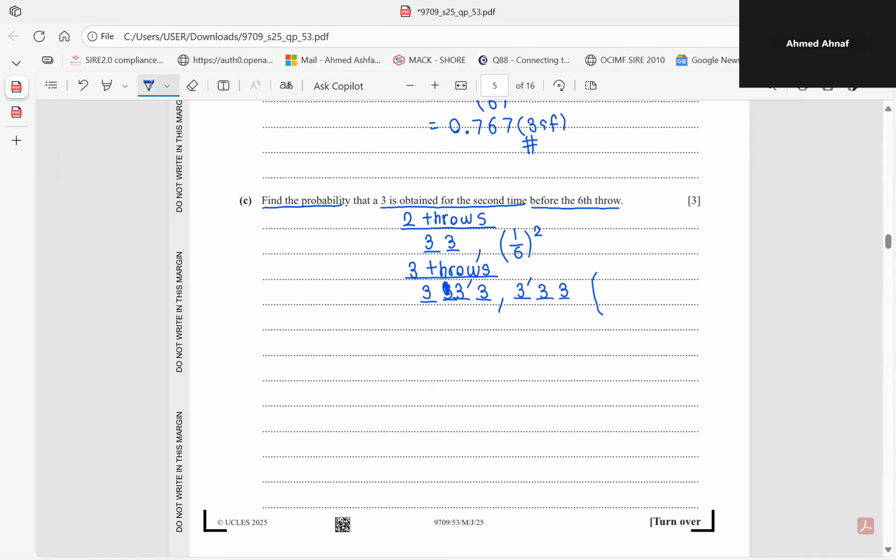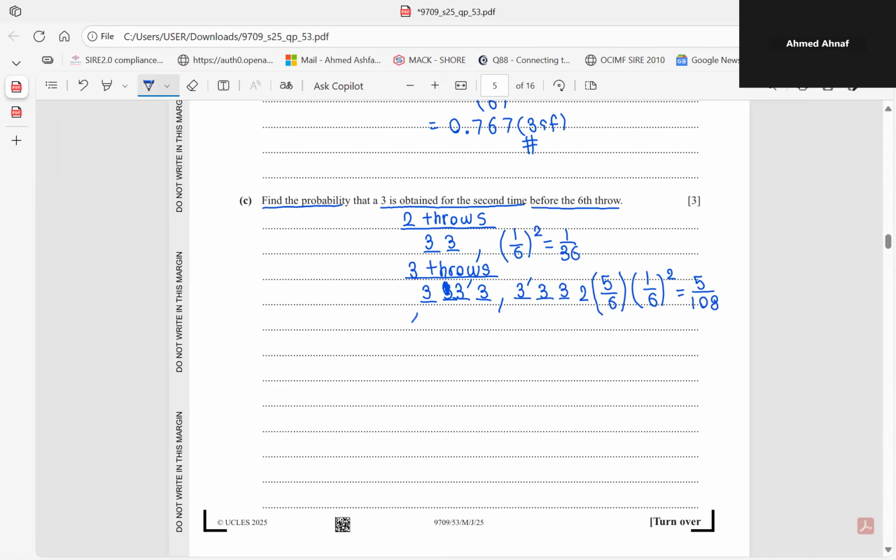So this is just 5/6 times 1/6 squared times 2. Right, so the first one is just 1/36, and this one is 5/6 times 1/6 squared times 2.